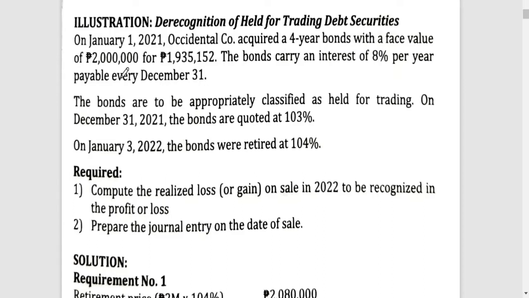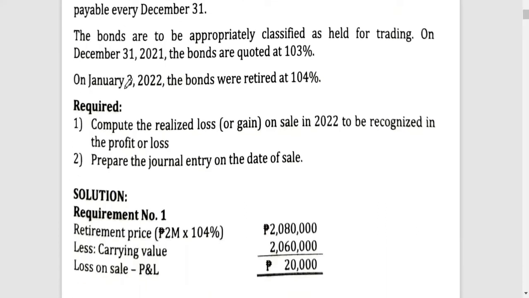And then on January 3, 2022, the bonds are retired at 104%. First, compute the realized loss or gain on the sale in 2022. Then record the transaction on the date of sale.